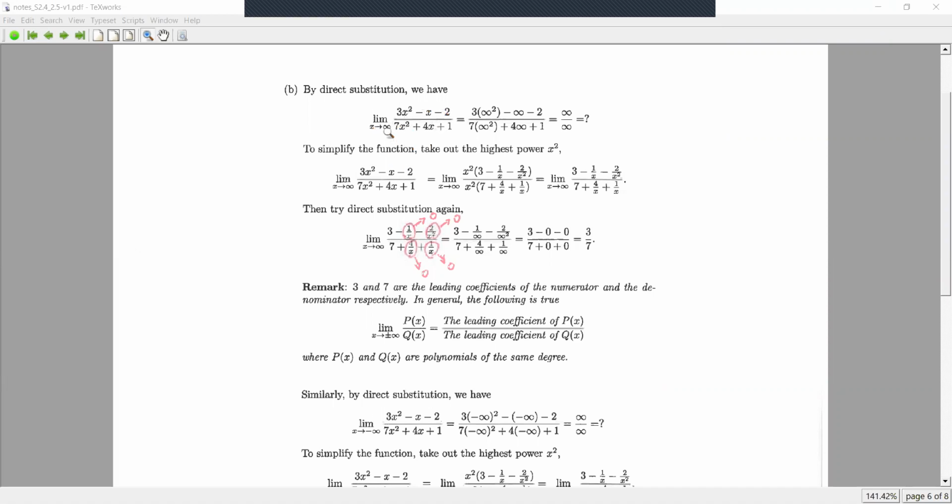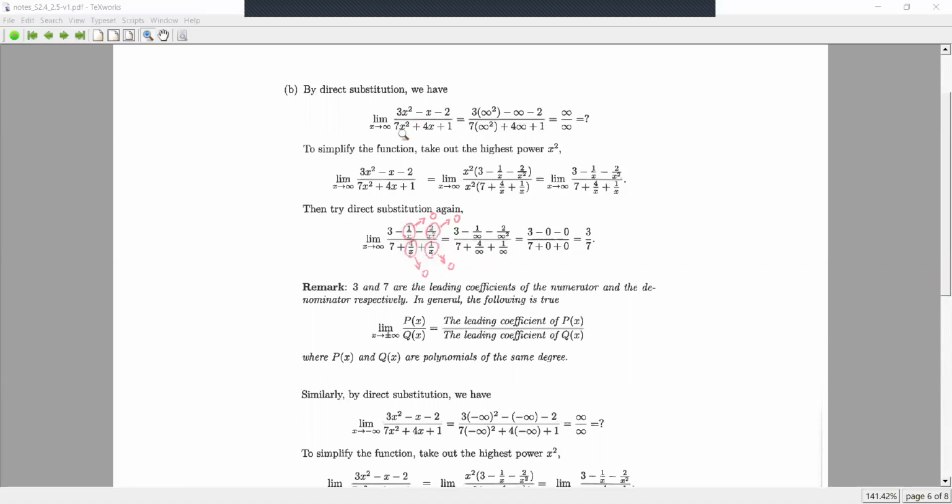Because the limit is a limit at infinity, I don't use factorization to simplify the function. Instead, I take out the highest power. The highest power in the numerator is x squared, so I take x squared out.